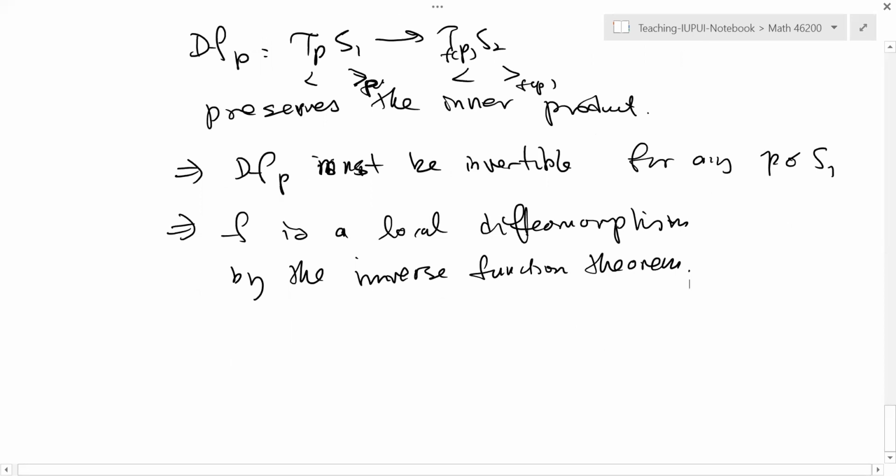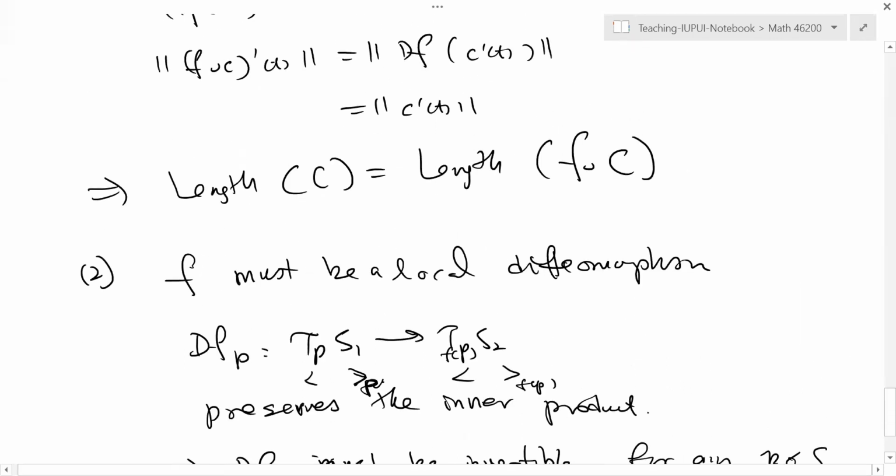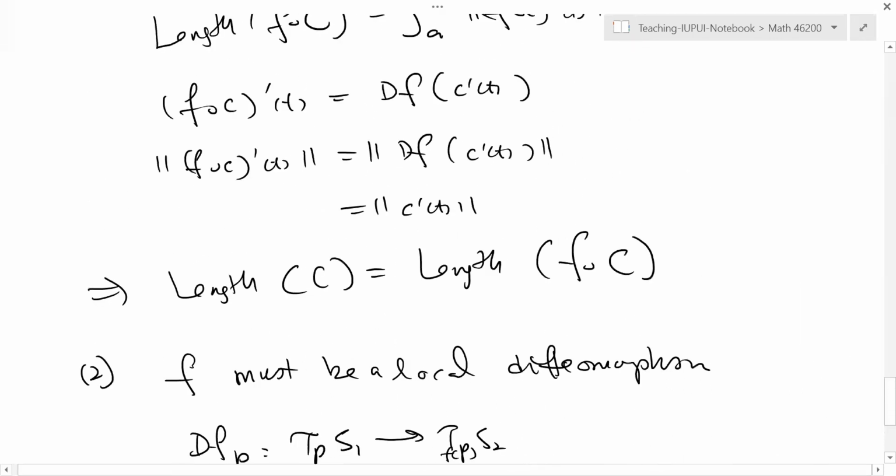And conversely, for the first part, if it preserves the length of curves, I assume it also preserves the tangent vectors.